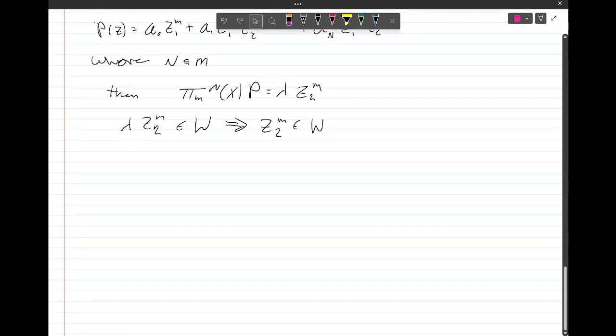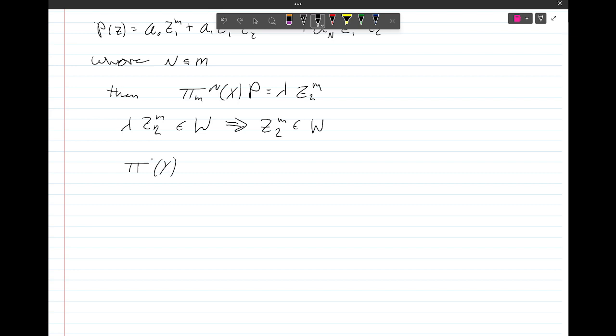And then with repeated applications of y to the little m power on z2^m, that will cause z2 to go down, and we'll be left with some constant multiple of z1^m.